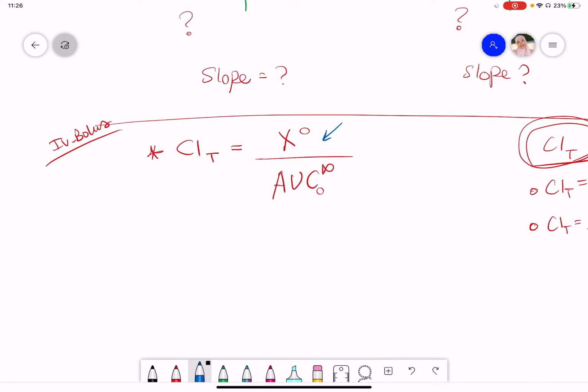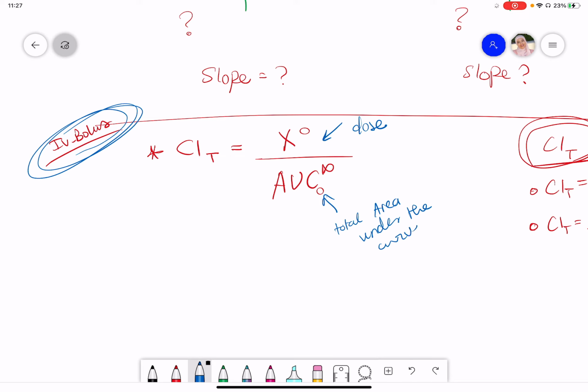This is the initial amount of the drug, which, for an IV bolus, is the dose, and this is the total area under the curve. By the way, we will talk about this in detail in a couple of classes.